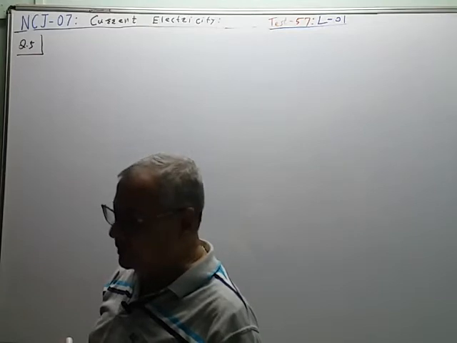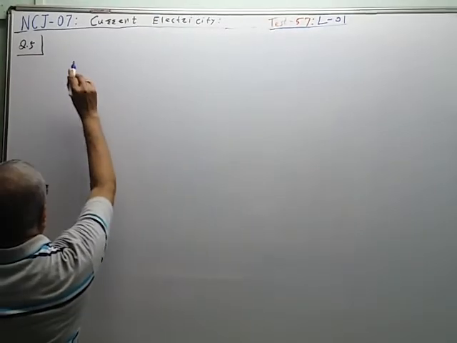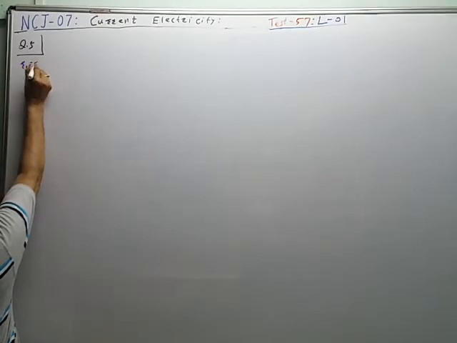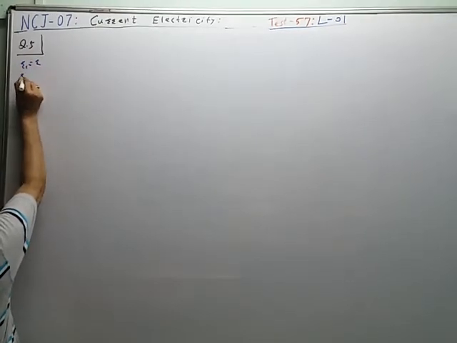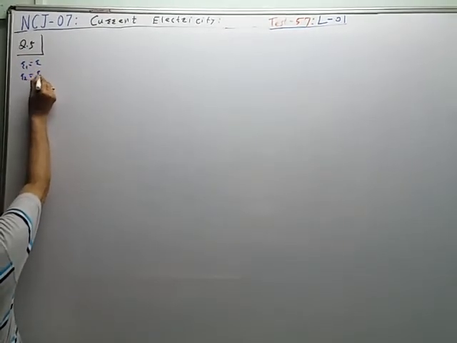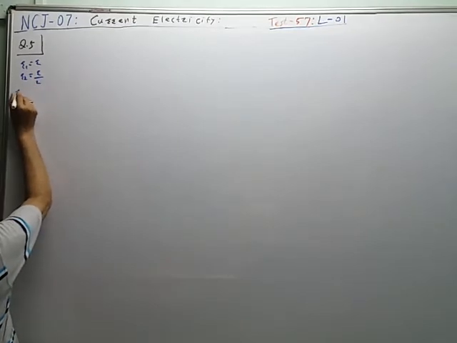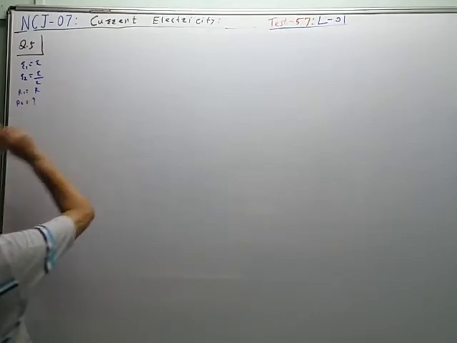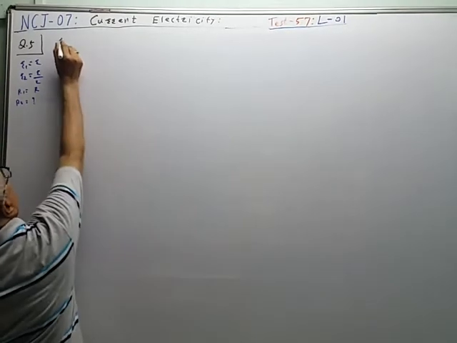So again we will use the same relation. R1 is equal to R. R2 is equal to R by 2. R1 is equal to R. New resistance R2 is equal to question mark.